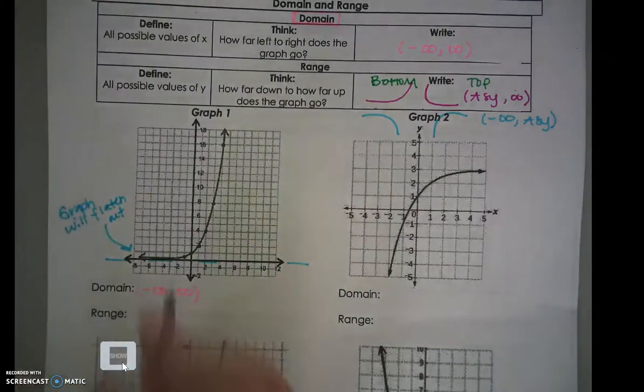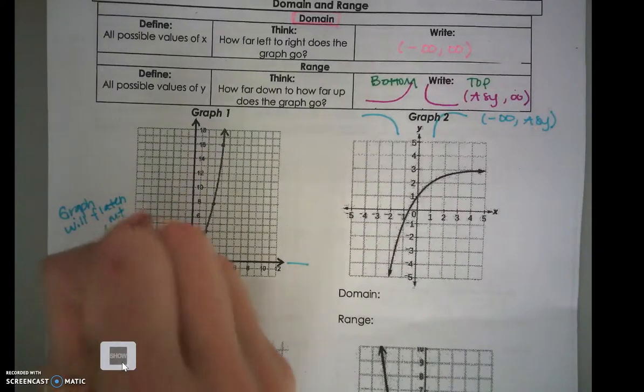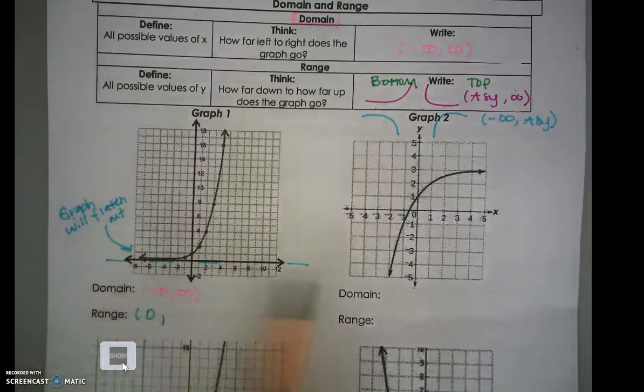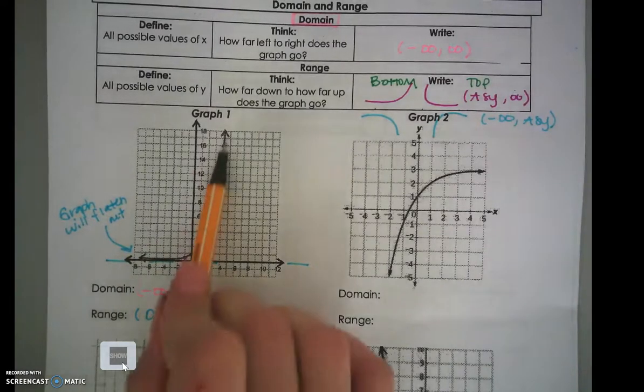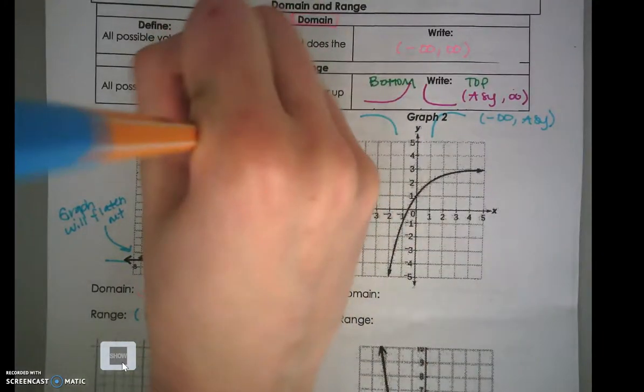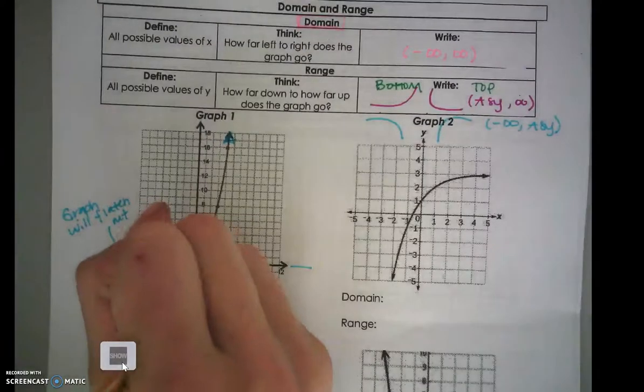Okay, so this asymptote is at 0. Well, that asymptote is the absolute lowest part of my graph, and I'm going to go all the way up to the highest part, which is an arrow. So this is going to be positive infinity.